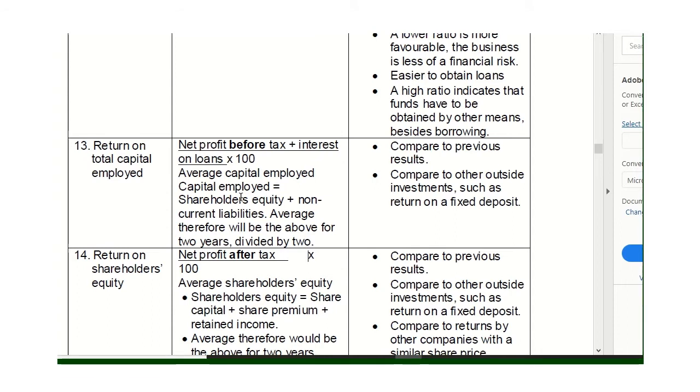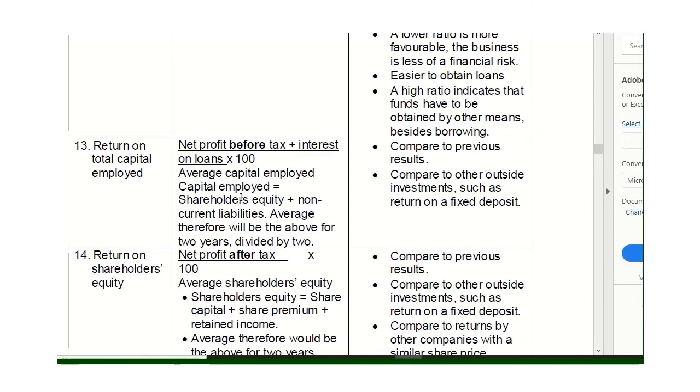So what this is, it is telling the owners the net profit equals a certain percentage. So their investment that they made in the company is giving them so much return, a percentage return. Now, if I put money into a place to invest, remember, if you buy shares, you invest, you want to make sure that that investment is doing better than what you could do elsewhere, and especially a fixed deposit. So if I'm getting much less than I could with a fixed deposit, where I haven't got any risk, I would rather put my money on a fixed deposit.